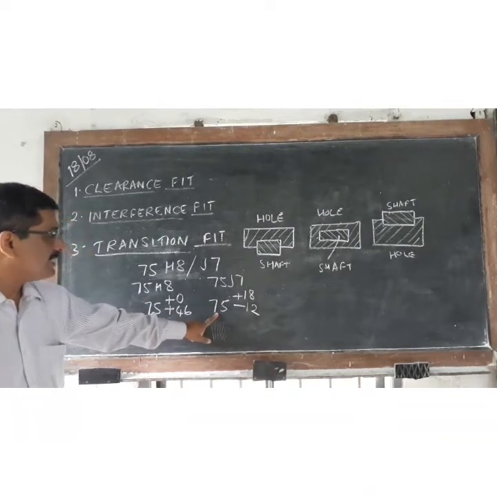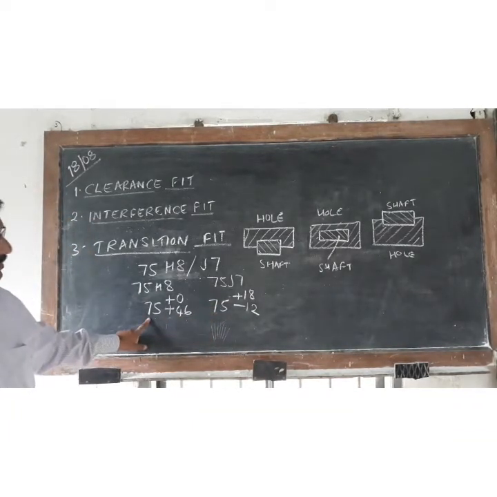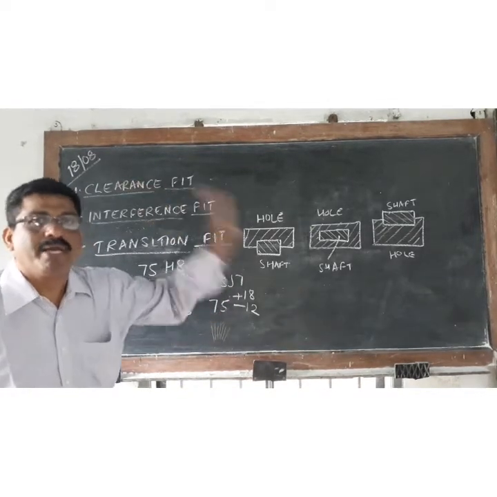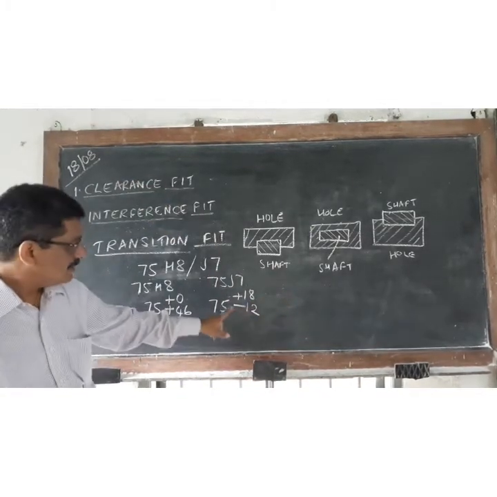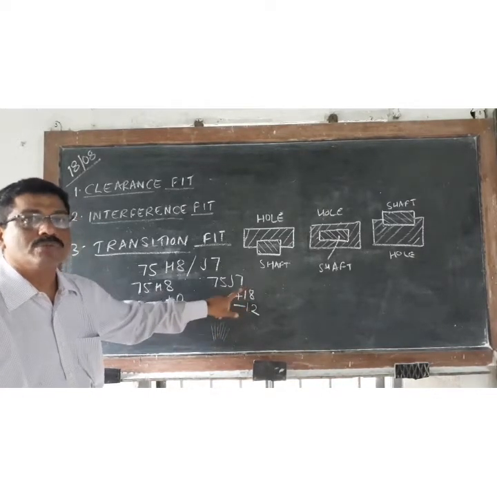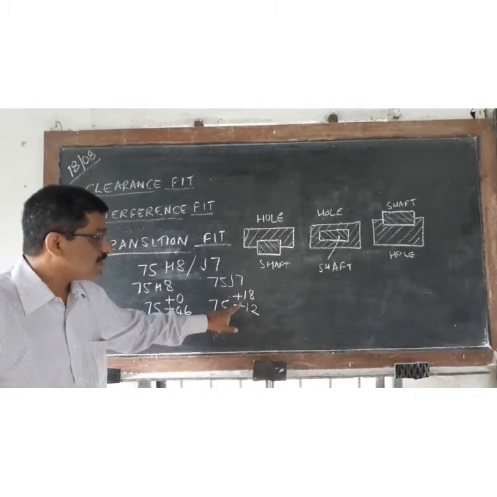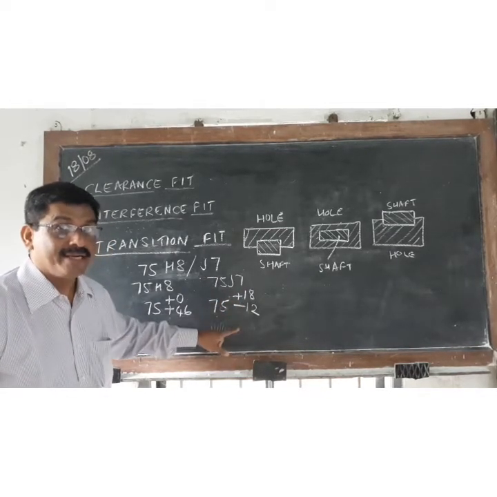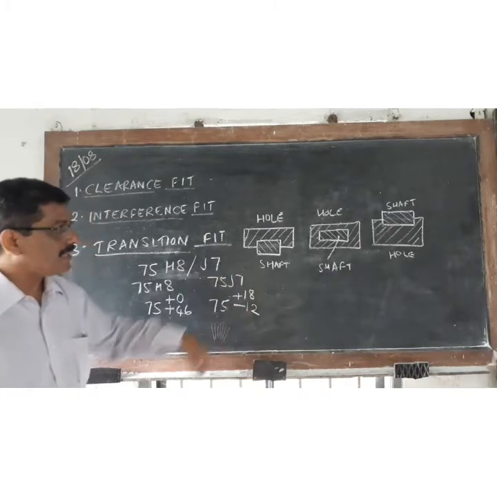Here also 75 is there, here also 75 is there, isn't it? So definitely in one place it is coming exactly 75. Got it? See 75.001, 75.002, 75.003, 75.000, 74.999 with a minus sign. Understood.